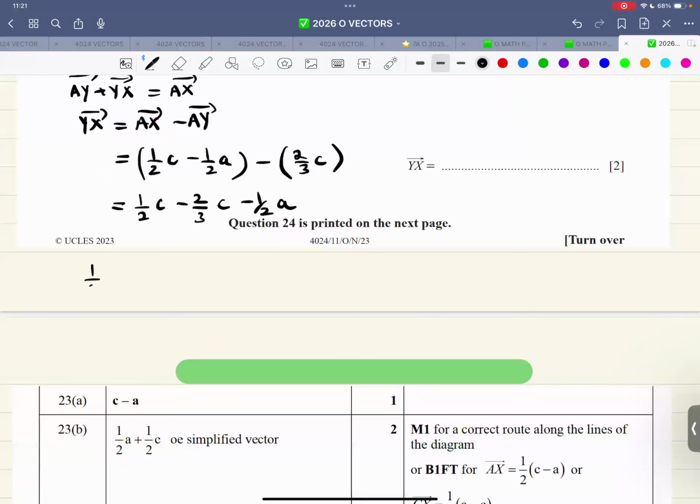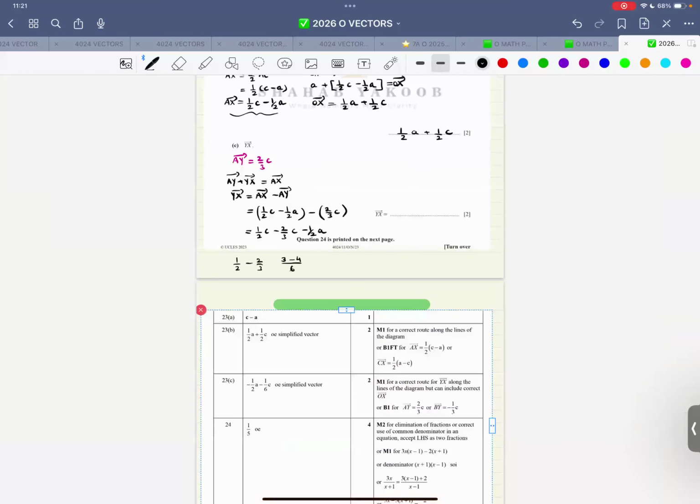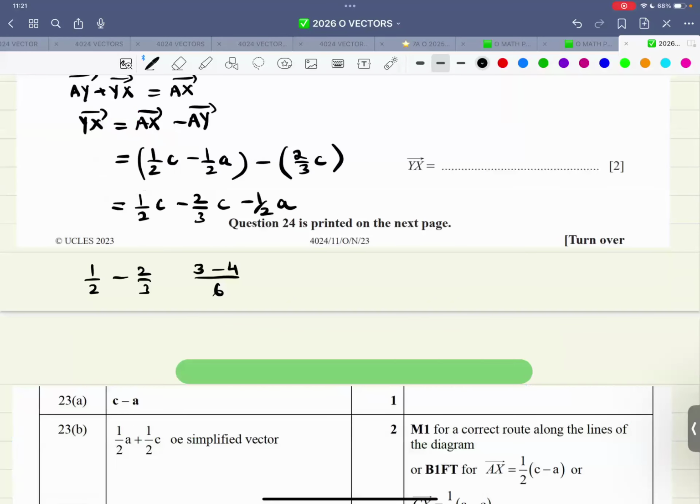I can write this with a 6 at the bottom. 6 divided by 2 is 3, that is 3, and that is 4. 3 minus 4 is negative 1/6. So this comes out to be negative 1/6 C minus half A.